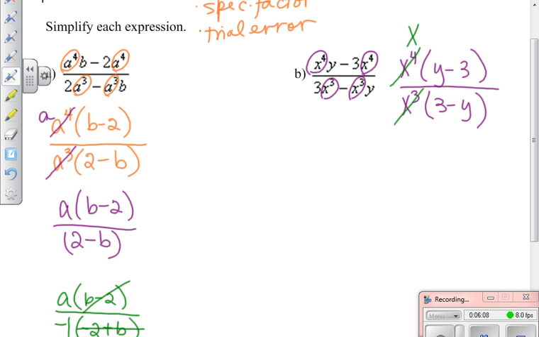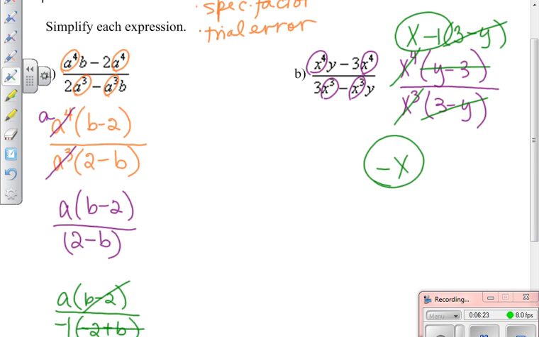If I pull a -1, this time I could pull it out of the top. If I say -1, that's going to switch my signs, essentially. Now those two are the same, and what I'm left with is -x. And that is as low as I can get it, and there are no restrictions because I don't have a denominator.